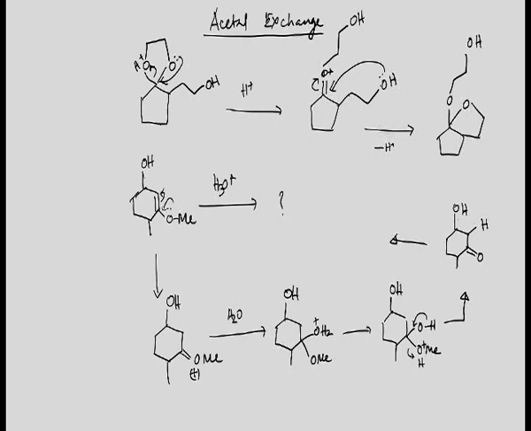So under acidic condition, this will be protonated, and water will eliminate. So you get this product. So an alpha beta unsaturated ketone will form.